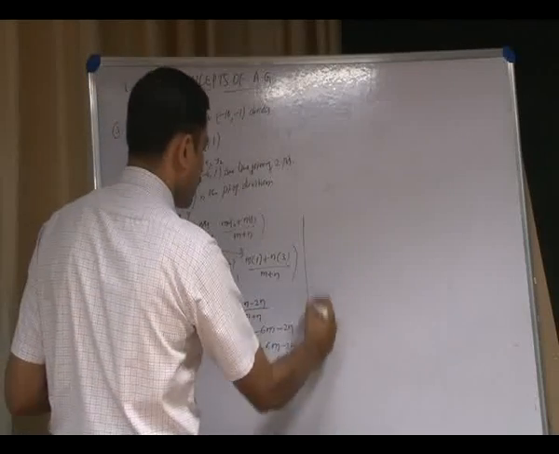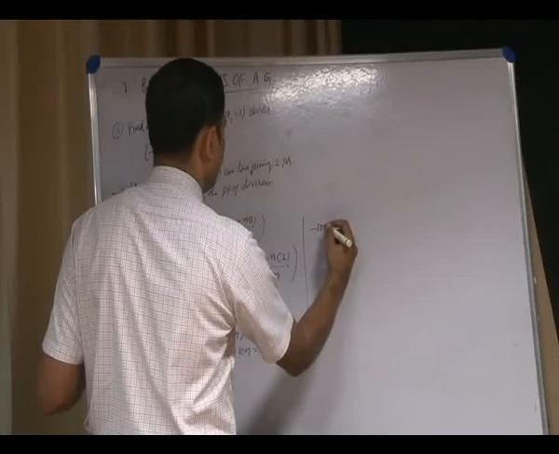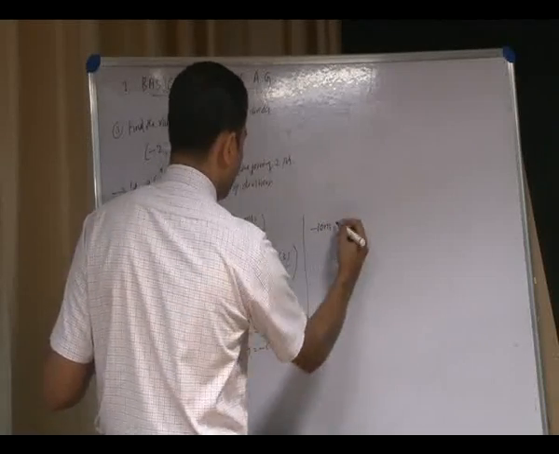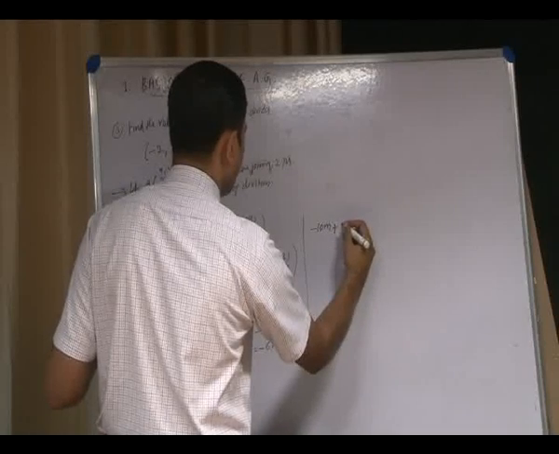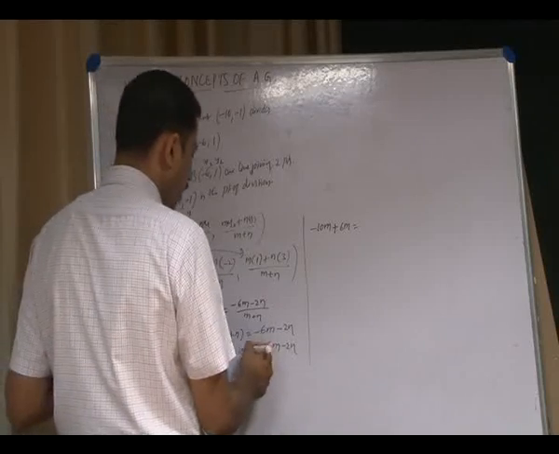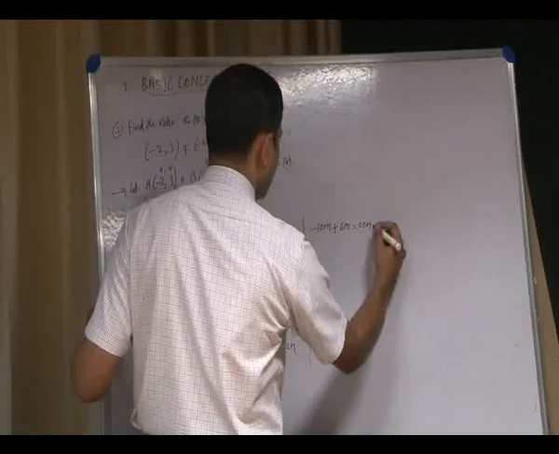Taking minus 6 m to the left hand side it becomes plus 6 m, and minus 10 n becomes plus 10 n on the right hand side, minus 2 n.